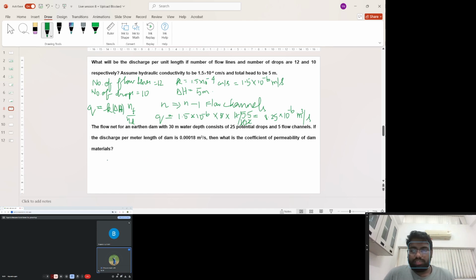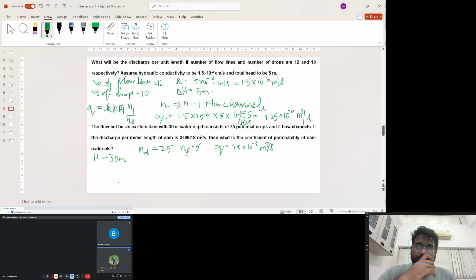Now what they have given is head, which is 30 meters, ND potential drop is 25, flow channel NF is 5, Q is 0.00018, or we can write it as 18 into 10 power minus 3 meter cube per second.